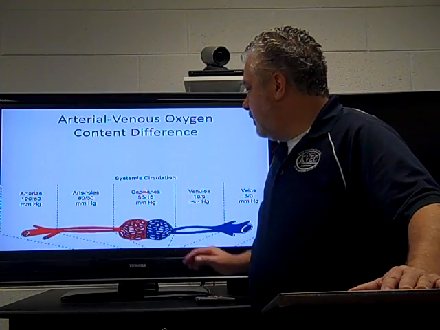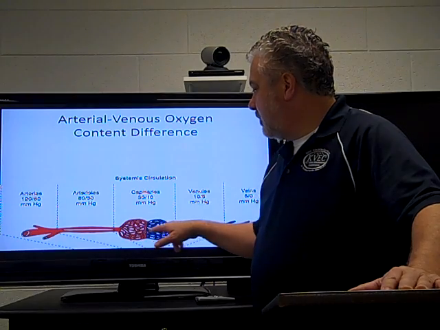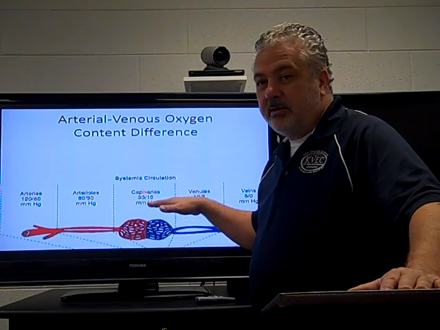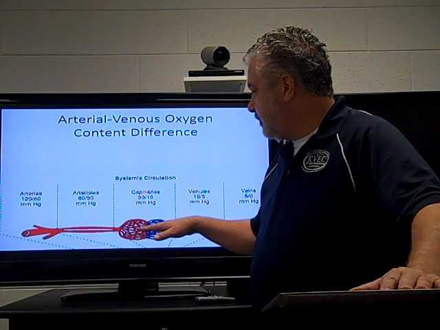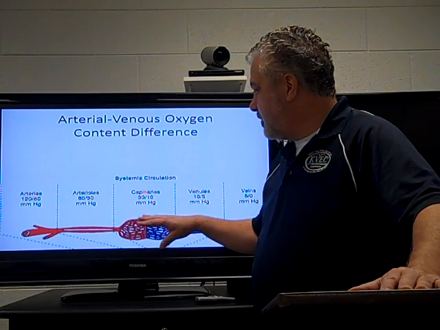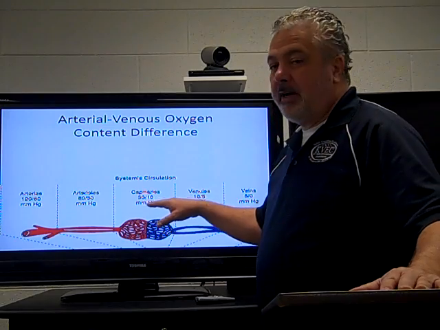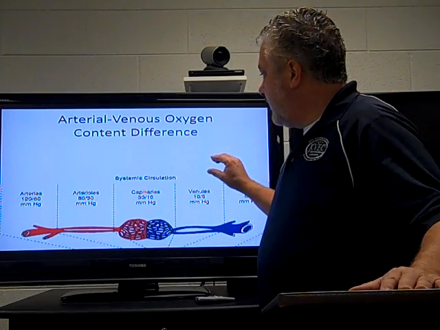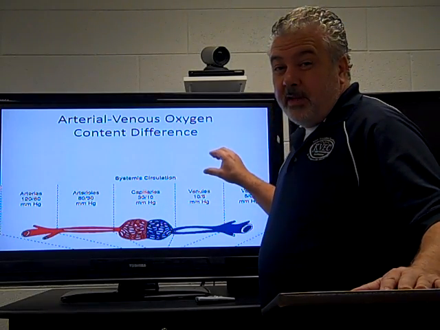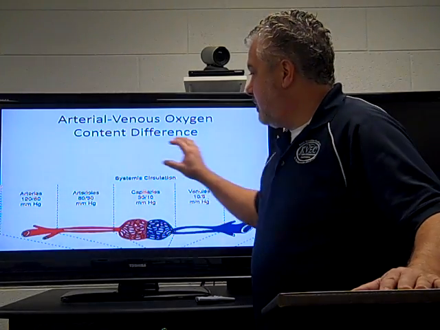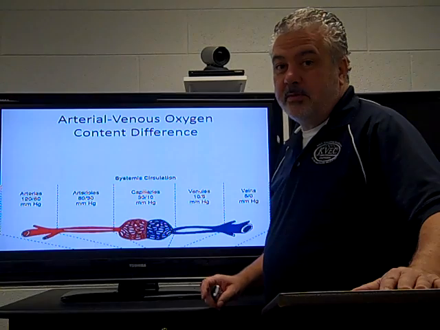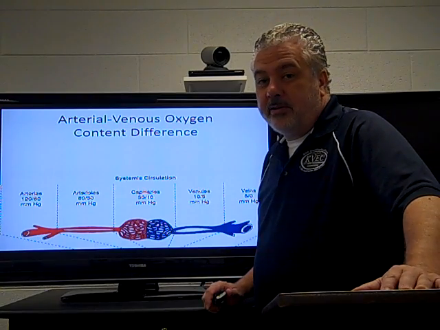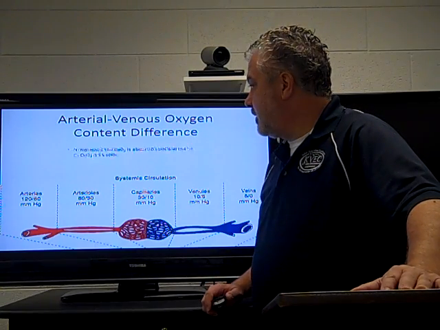The difference between red and blue right here is oxygen being consumed by the tissues. This is where tissue oxygen consumption takes place in systemic capillaries. Then over here you have CvO2, and if I take the difference between CaO2 and CvO2, you're looking at the difference between arterial and venous, and this oxygen consumption.